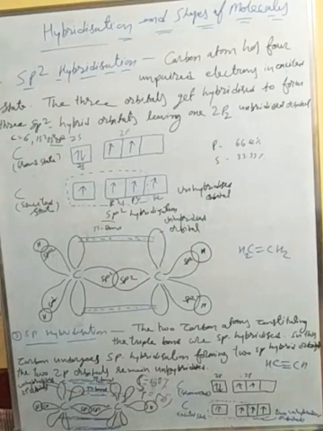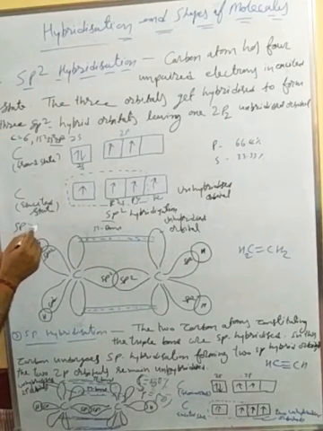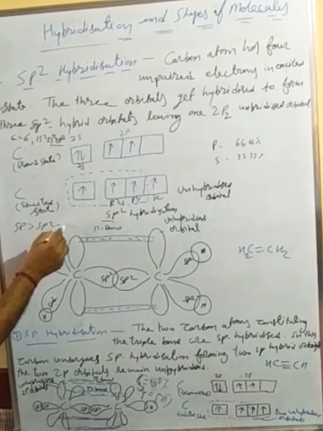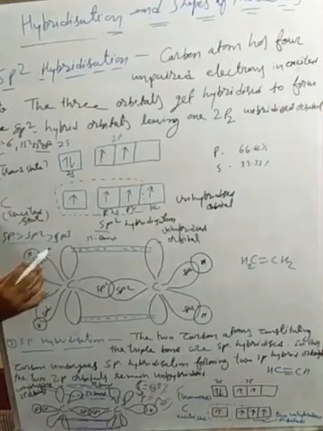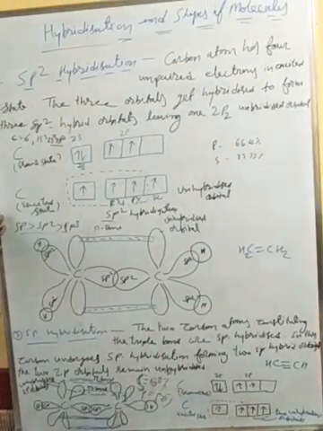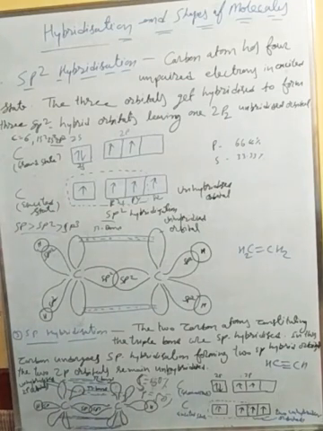We can say sp is more electronegative than sp2, and sp2 is more electronegative than sp3. sp3 always forms single bonds, sp2 always forms double bonds, and sp always forms triple bond compounds.